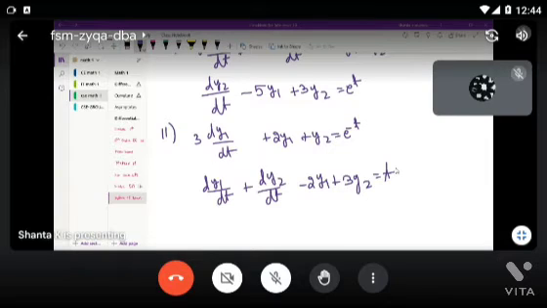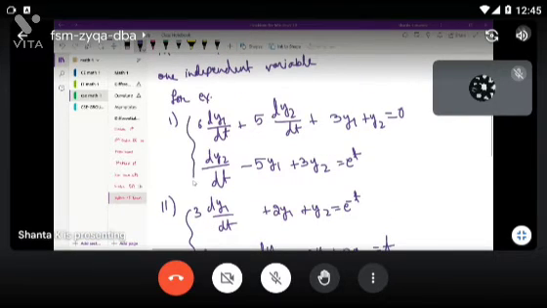If you went for two independent variables and one dependent variable, then z would be a function of x and y, and partial derivatives would come. Here we talk about this one, and these are the examples. These are two systems of linear constant coefficient first order equations. Whenever there are more than one, we say two linear differential equations.